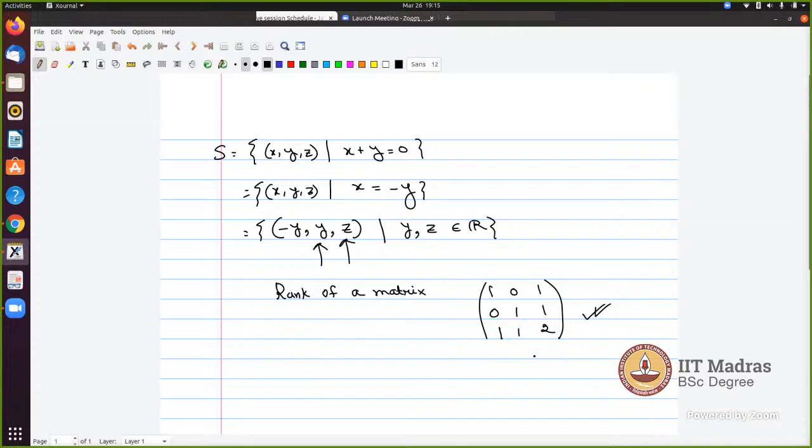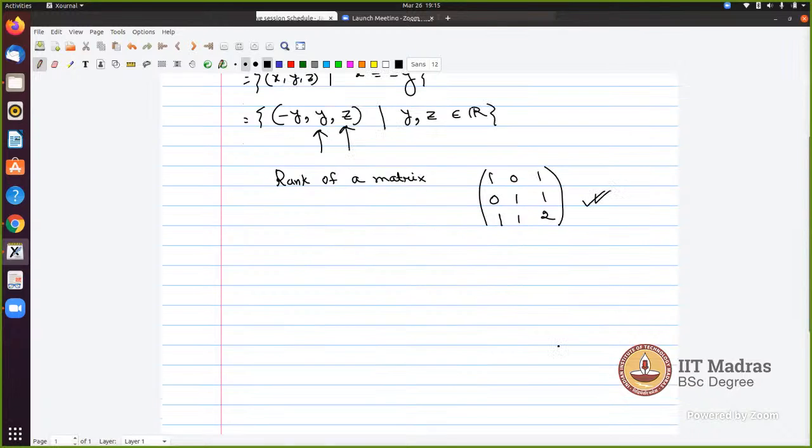Yes, sir, because if we solve it to row echelon form, we get two non-zero rows. By converting a matrix into row echelon form, the number of non-zero rows will be equal to the rank of the matrix. Okay. So suppose I am trying to convert it to row echelon form, what will I get?